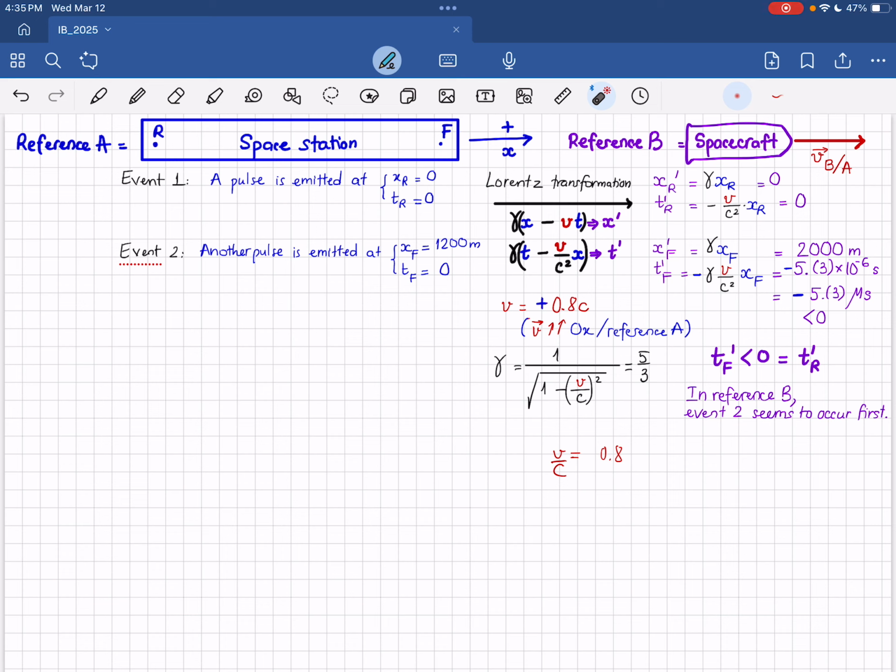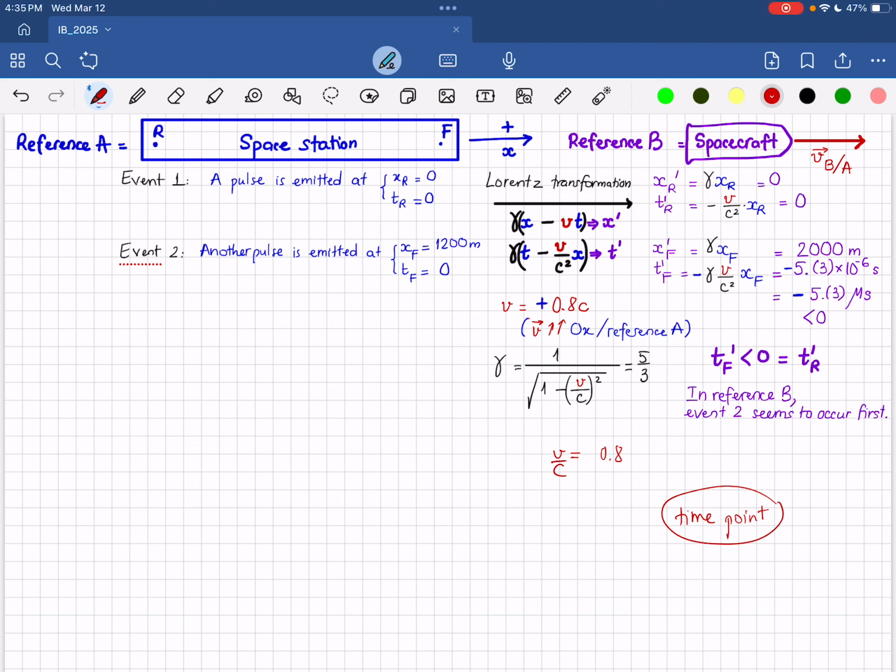And then for T prime, just plug in the values here. This is 0, so just this one is left. Because this is positive and this is negative, TF prime comes out negative. Usually we know that time should be positive, so can time be negative? Yes, it can, because here we don't talk about a time interval, but we are talking about a time point.